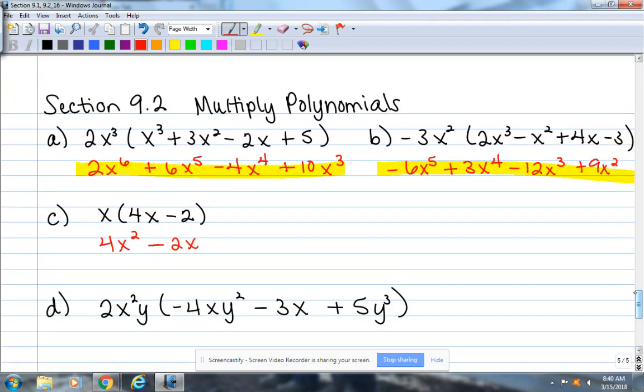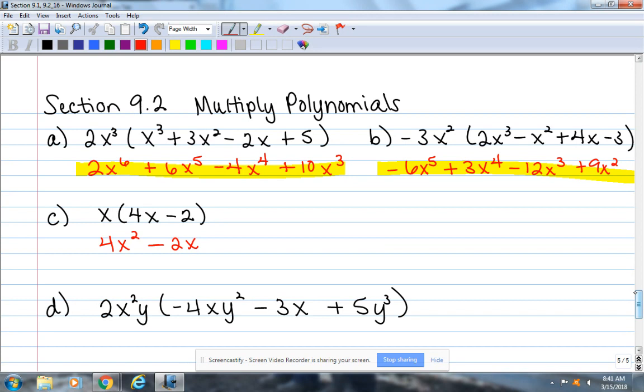All right, and then we're going to add in another variable. This one has x's and y's. Now, when we combine variables, we can only add exponents if they have the same base, right? So we're going to add x's with x's and y's with y's. And we're still distributing.